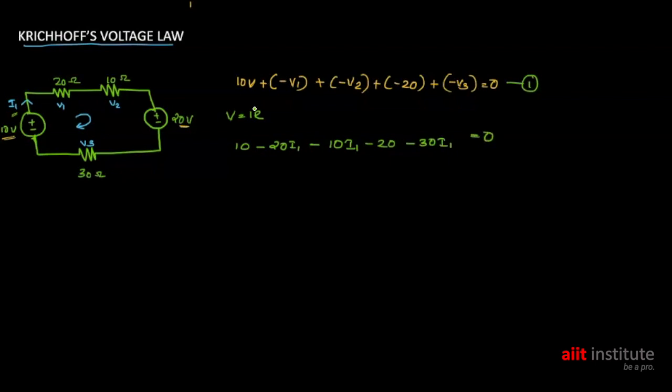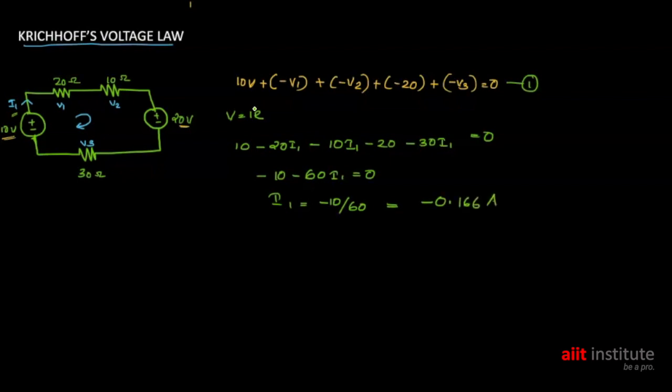So we can write minus 10 minus 60 I1 equal to 0. So I1 is equal to minus 10 by 60, which means minus 0.16 ampere.